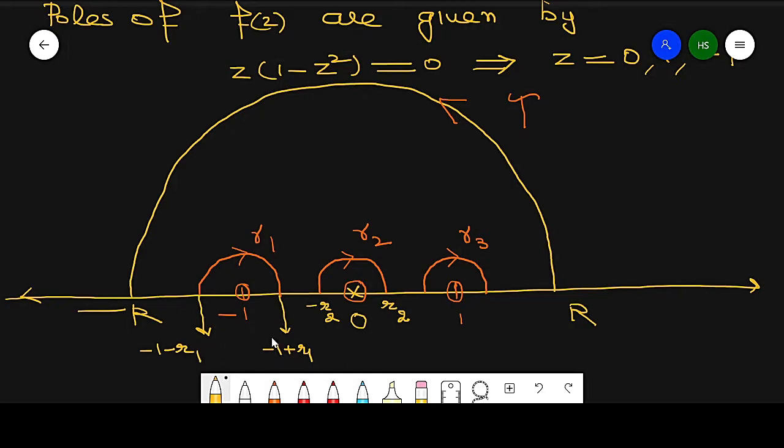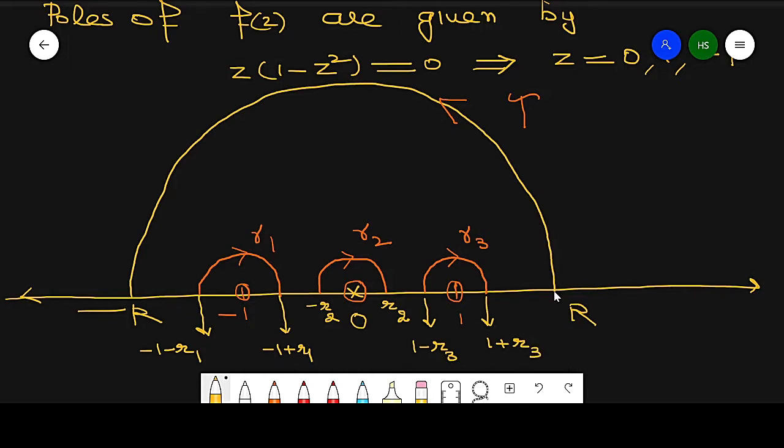Here minus r2, and this is 0 and r2. And this point is 1, this is 1 minus r3, and here it is 1 plus r3. So all of these points are of this kind.